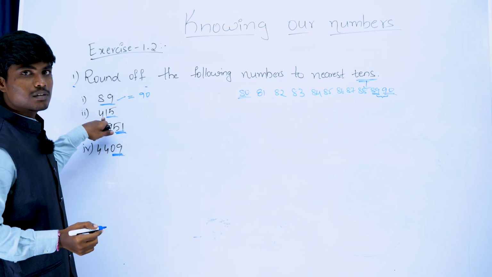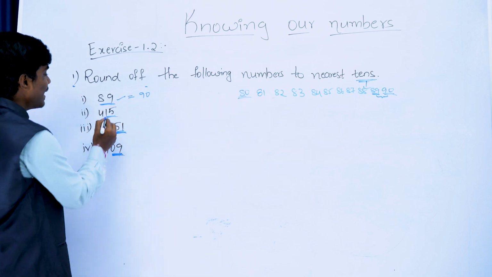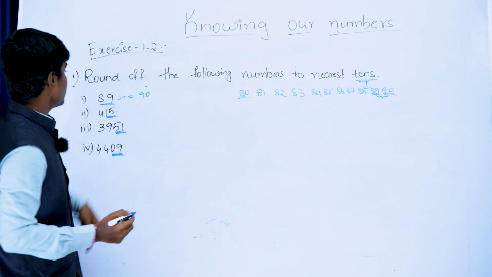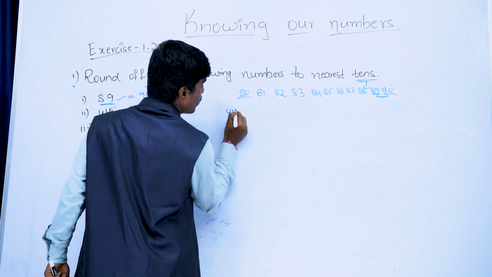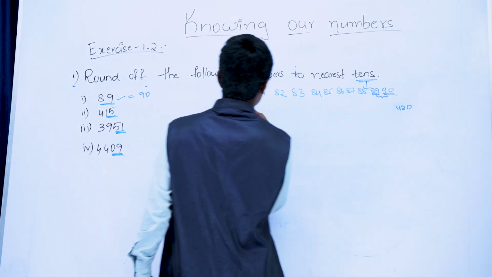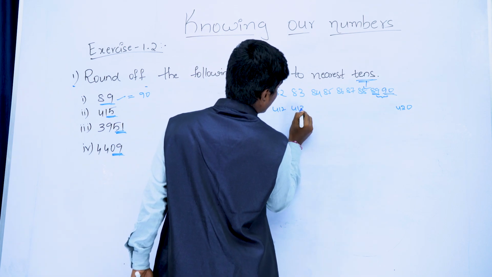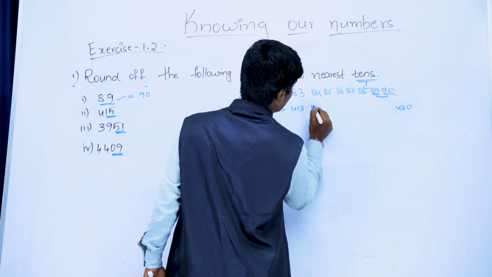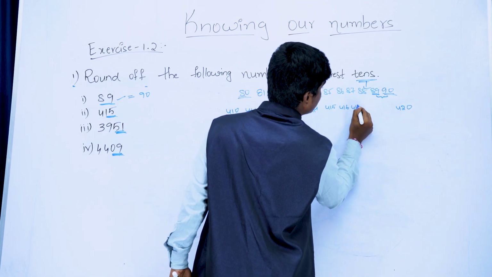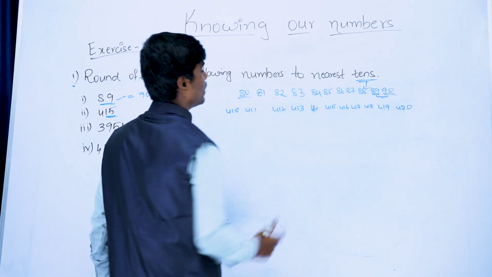And the next number is 415. Take these two digits. This number lies between 410 and 420. See, 411, 412, 413, 414, 415, 416, 417, 418, 419 and 420.